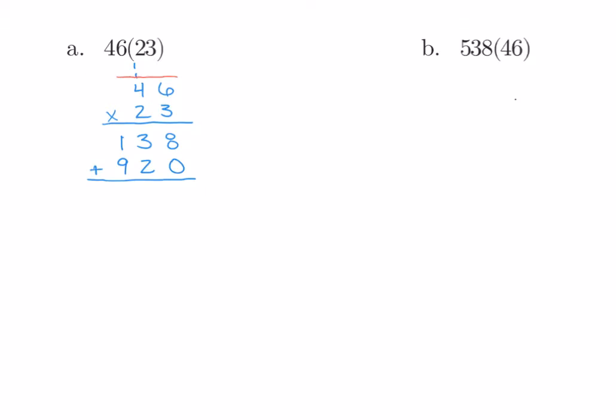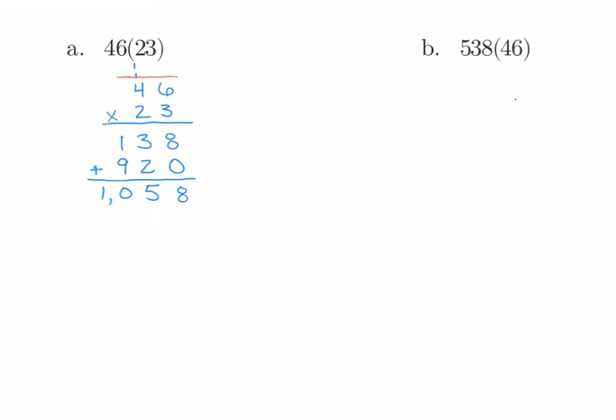From there, we go ahead and add straight down, starting on the right. We get 8 plus 0 is 8. 3 plus 2 is 5. 1 plus 9 is 10. So our final answer is 1058.